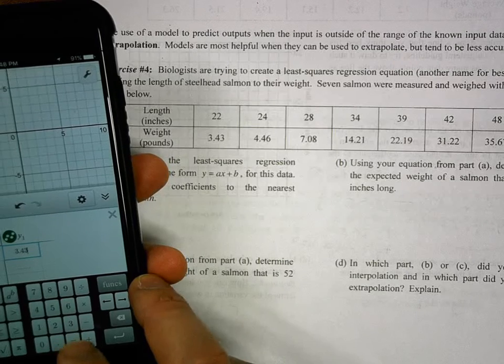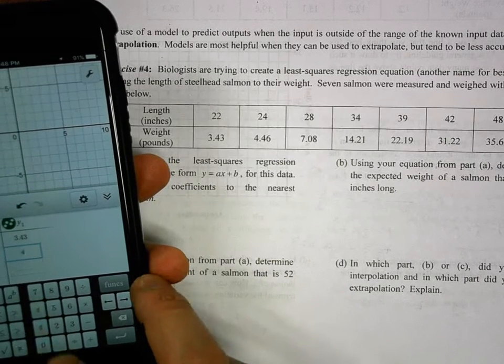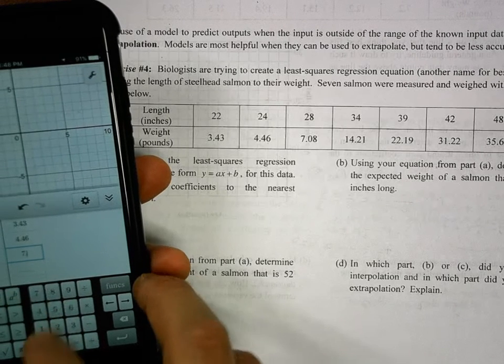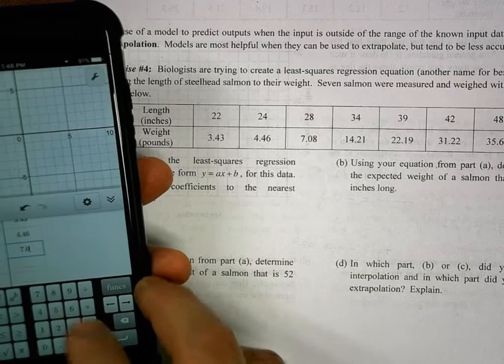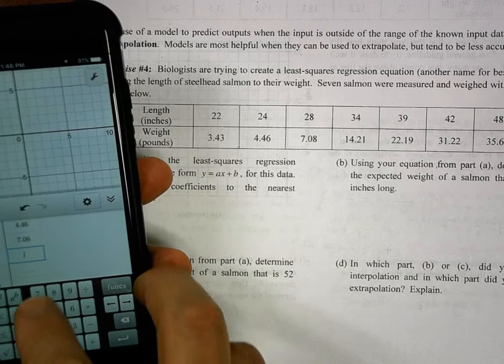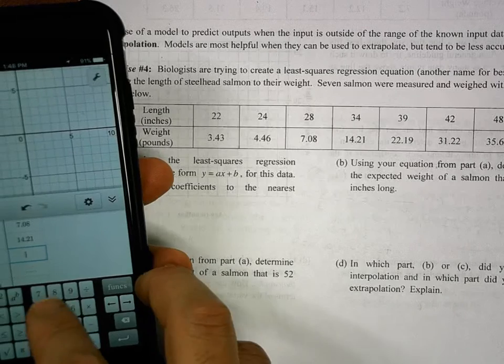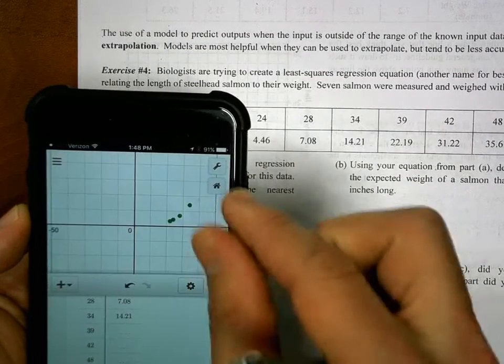8.43, 4.46, 7.08, 14.21. And as you're typing these in, these will probably be graphed as you're typing them in.